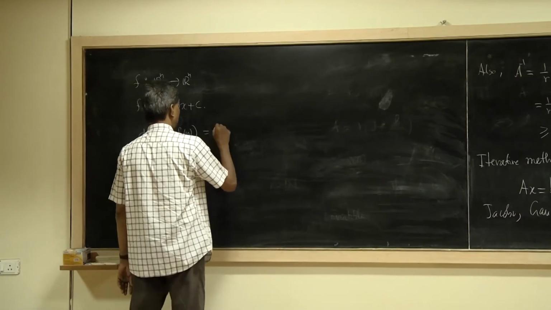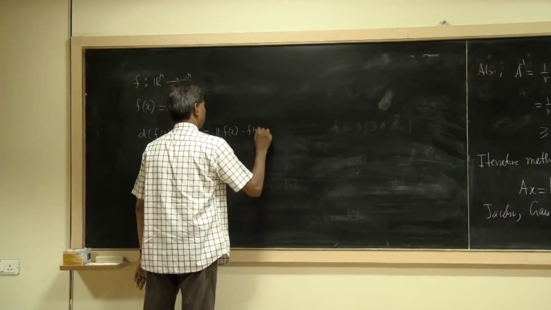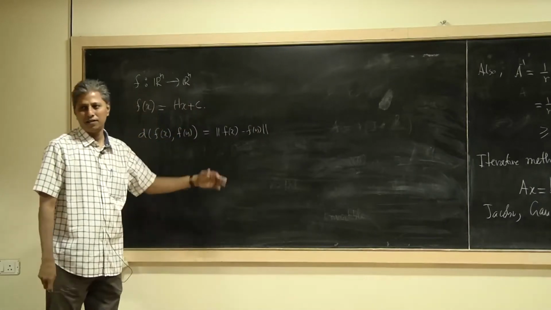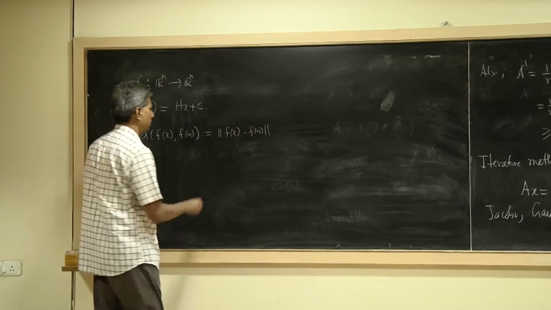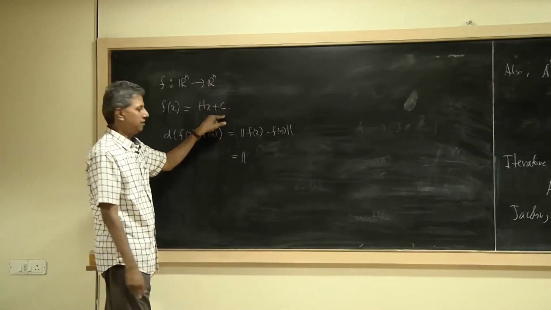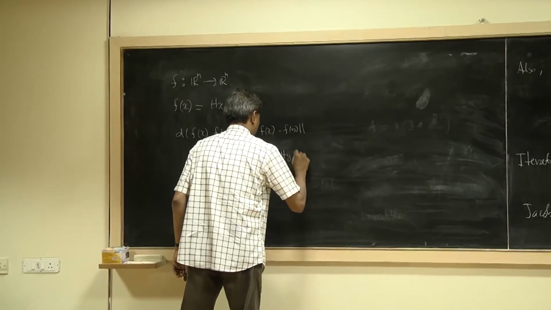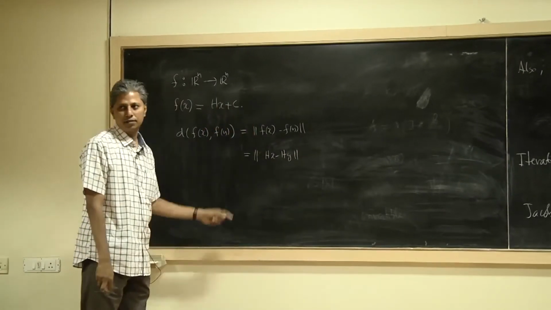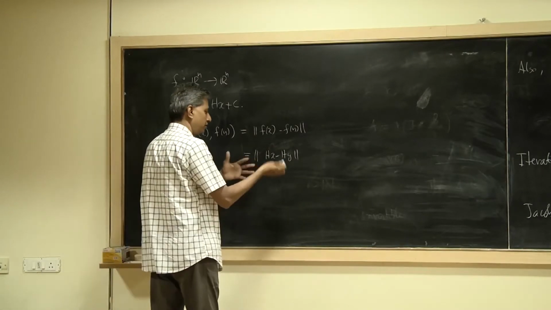This is through some norm in Rn, so this is equal to the norm of fx minus fy. You can take any vector norm. The c gets cancelled, so it is Hx minus Hy. I told you that the norm for the matrix comes from the norm of the vector.